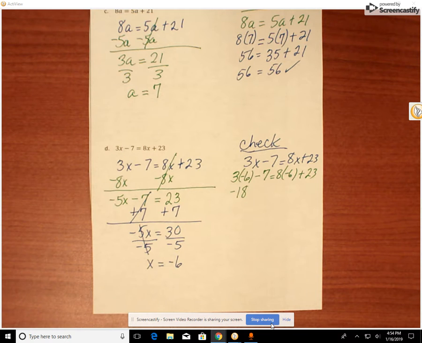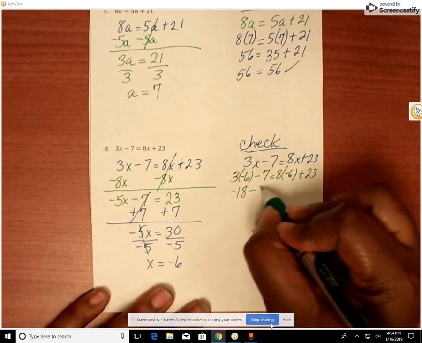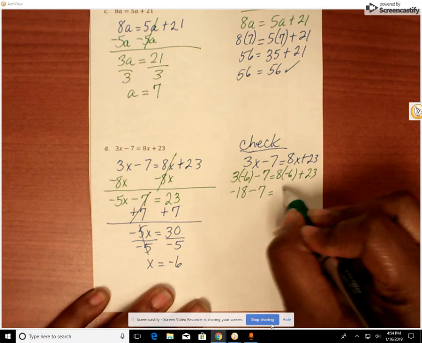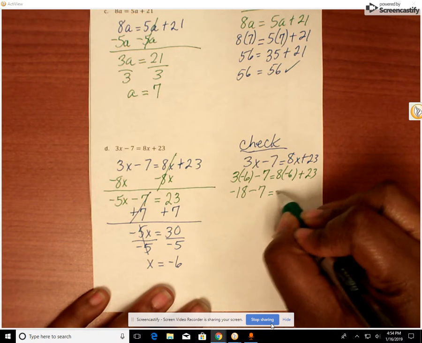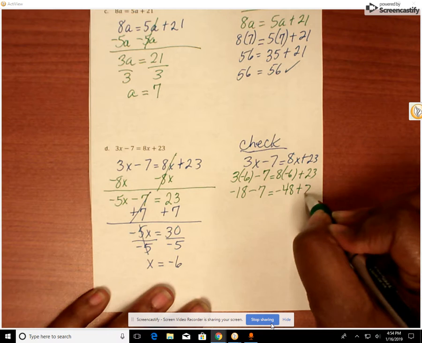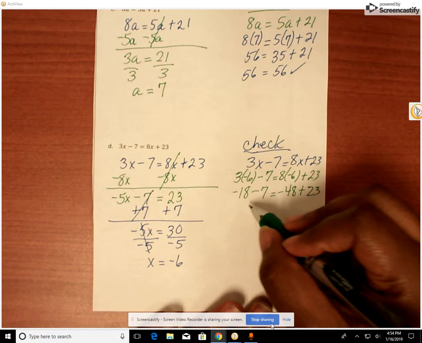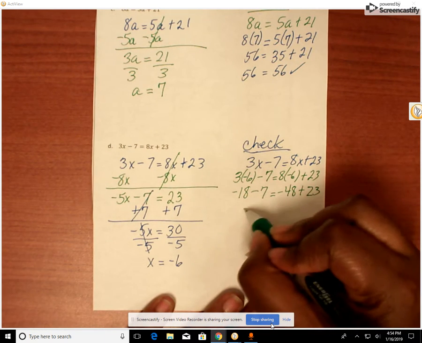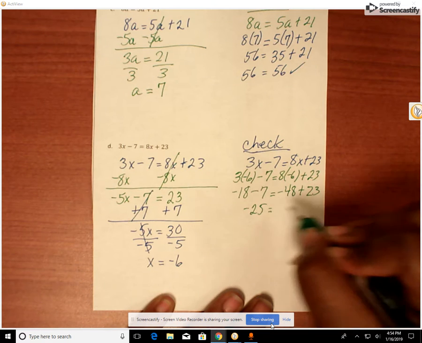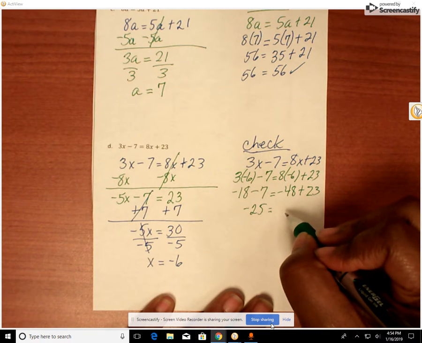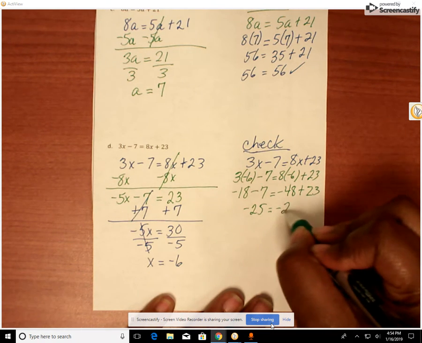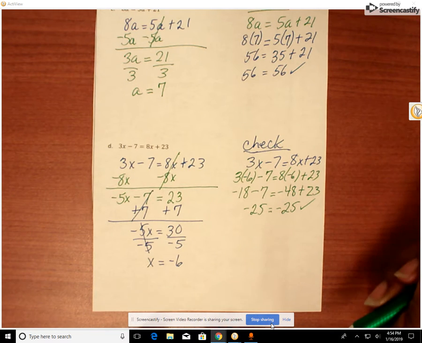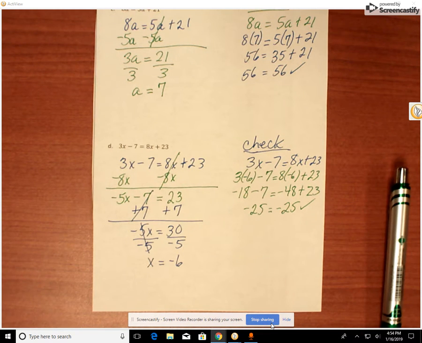Negative 18 minus 7. 8 times negative 6 is negative 48 plus 23. Negative 18 minus 7 is going to be a negative 25. Negative 48 plus 23 is going to be a negative 25. Check. And we are done.